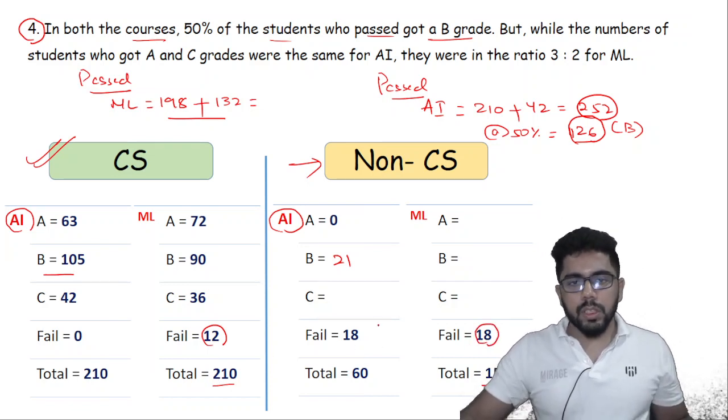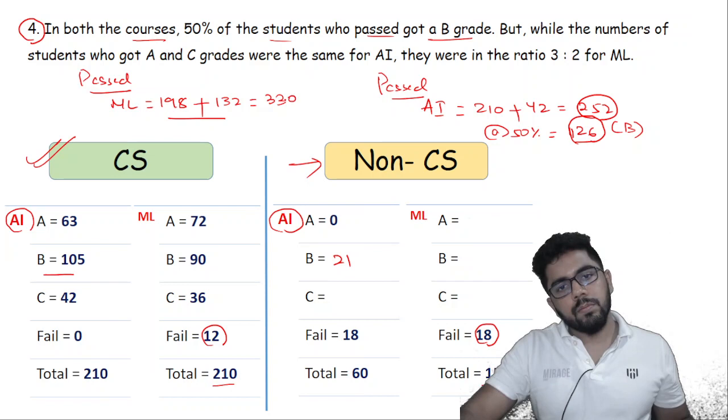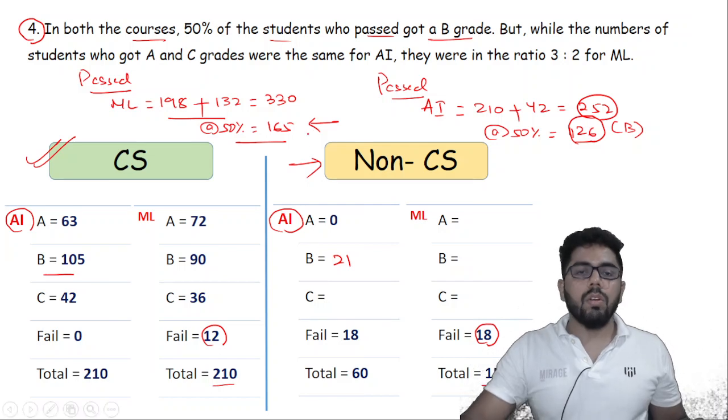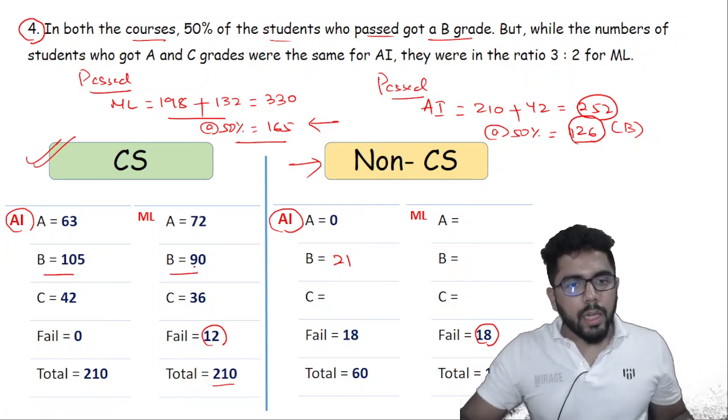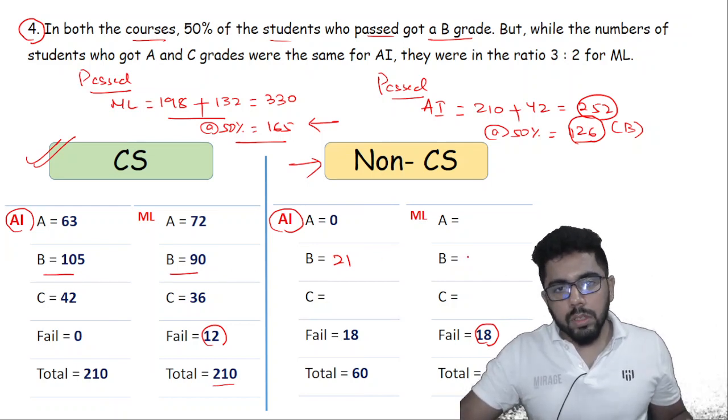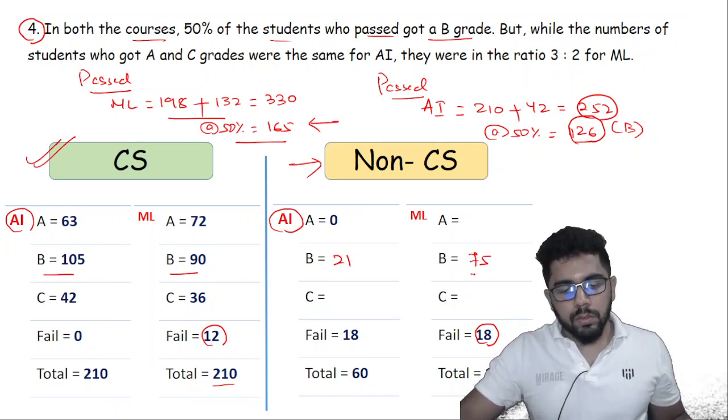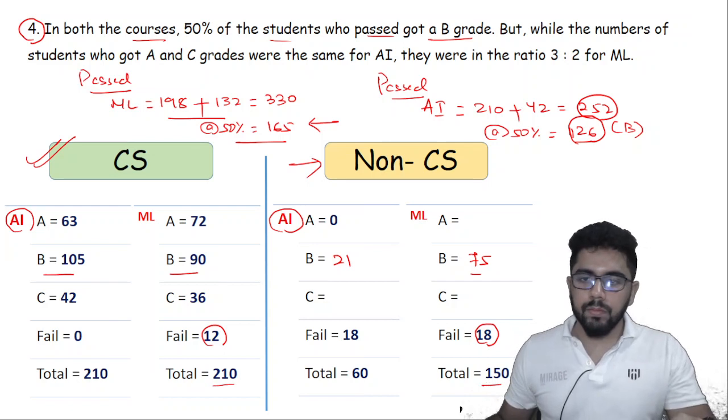So 330 passed, and 50% of 330 is 165. So these many students got a B grade in ML. Already 90 are there in the CS department, so the remaining 75 will be here.